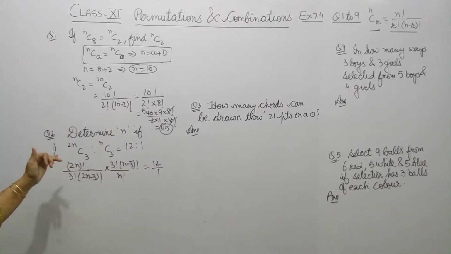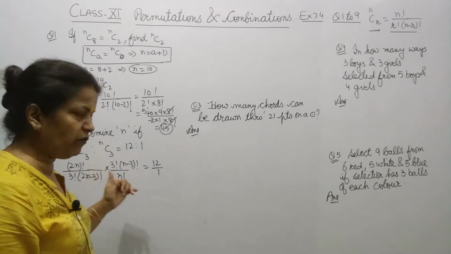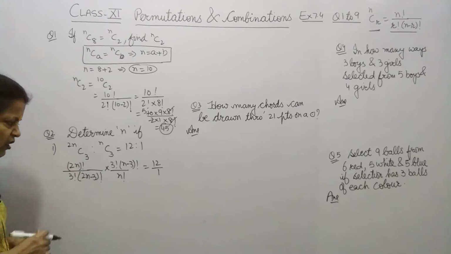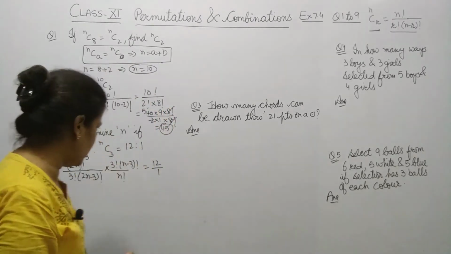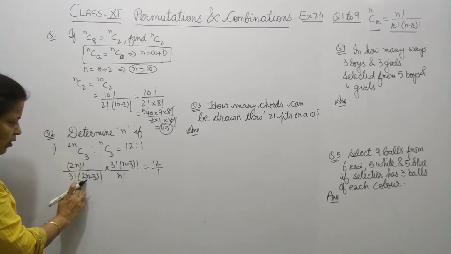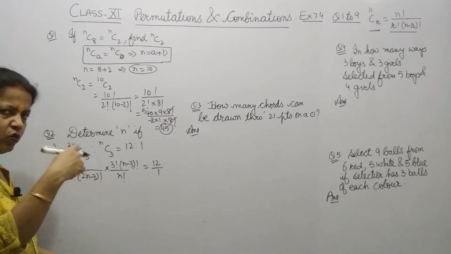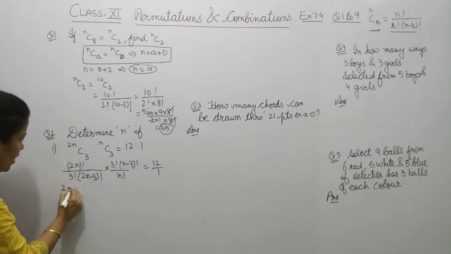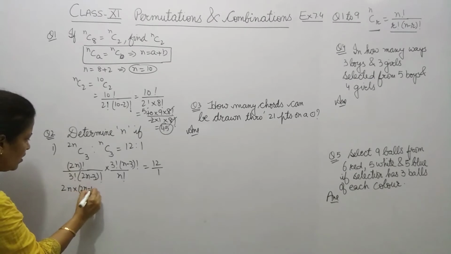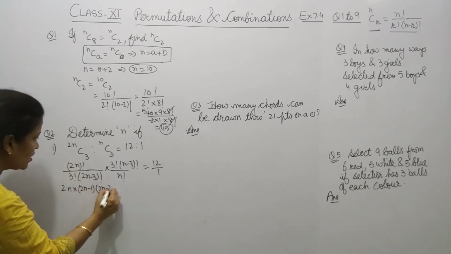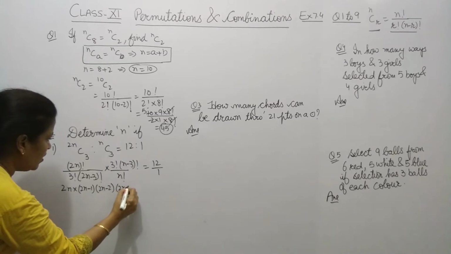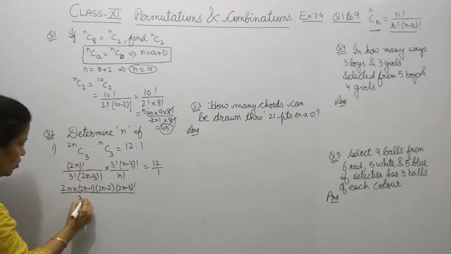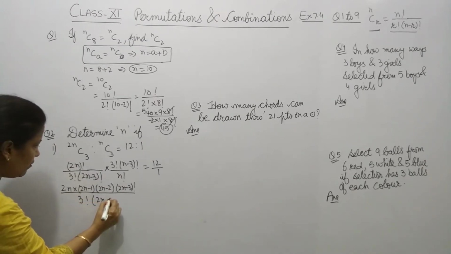Now we have to solve it further very carefully. Out of these two, which term will we expand so that some terms will be cancelled out? If we expand the upper one, we will get 2n into 2n minus 1 into 2n minus 2 into 2n minus 3 factorial, and the denominator has 3 factorial and 2n minus 3 factorial.